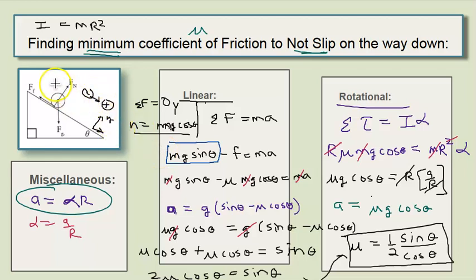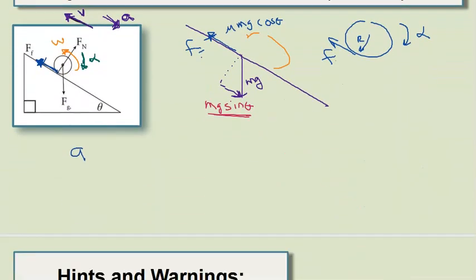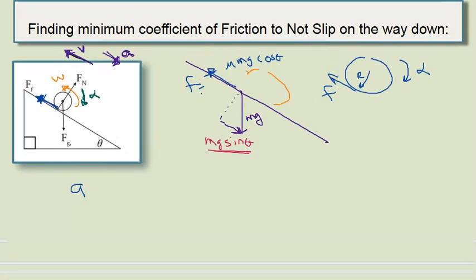And that makes sense, because some of that energy is going into rotation, so it can't translate as quickly. So you might think, well, then now it's got to slow down more quickly. The opposite.